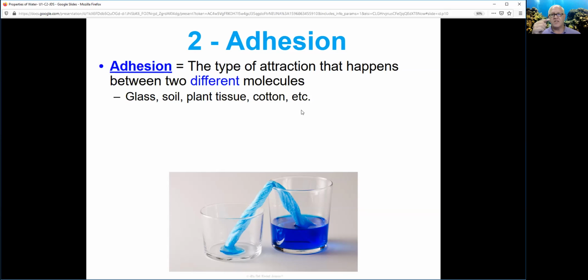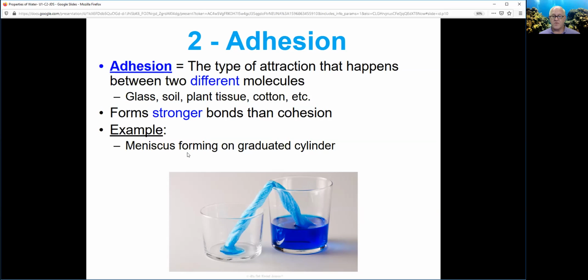And you'll see that they continue to move along, and that is adhesion. And adhesion forms stronger bonds than cohesion. Remember, cohesion is when that molecule is attracted to itself. Adhesion is between two different kinds of molecules.